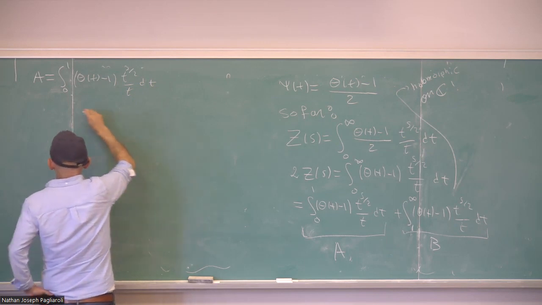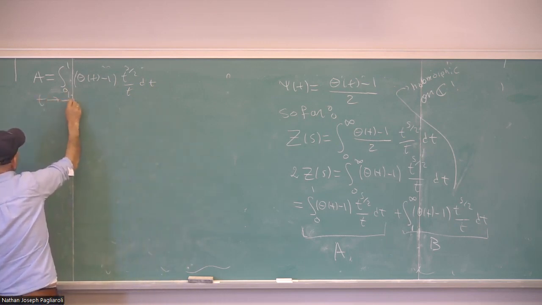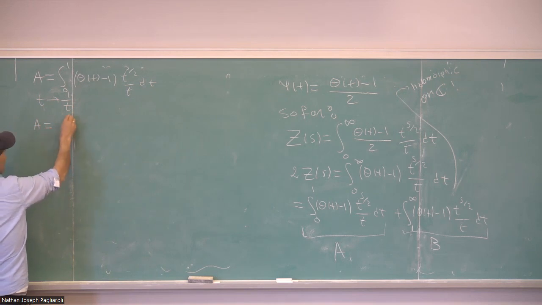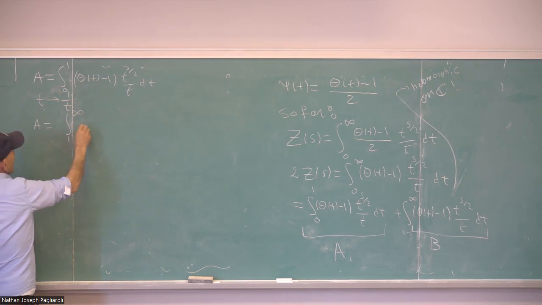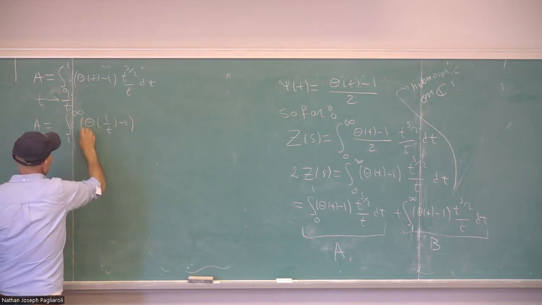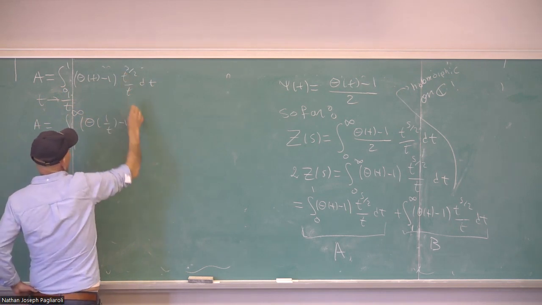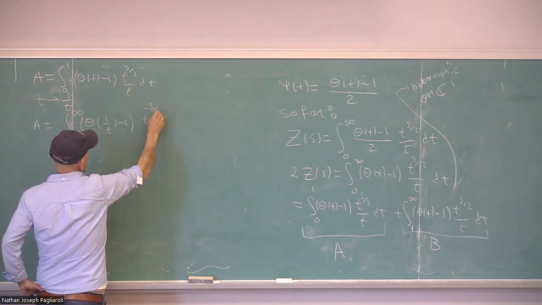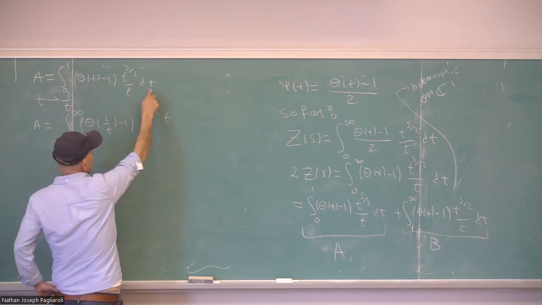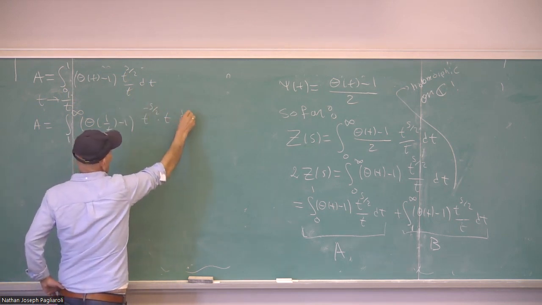Now change variable t to 1 over t. If you change variable t to 1 over t, what do we get? A becomes the integral from 1 to infinity of theta of 1 over t minus 1, times t to the power minus s over 2 times t, because this is 1 over t, and dt becomes dt over t squared.